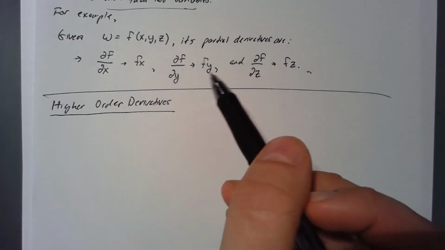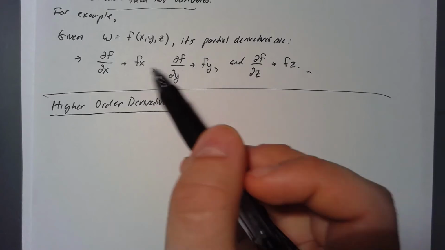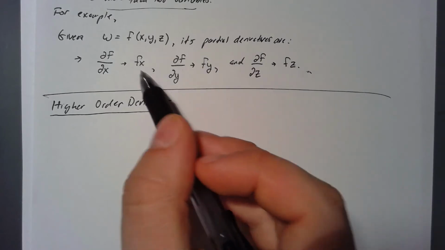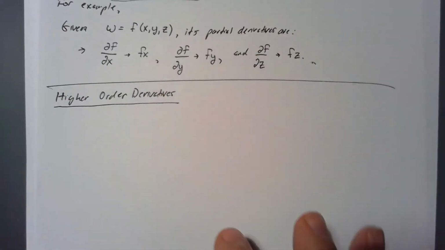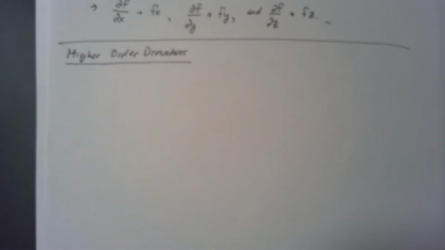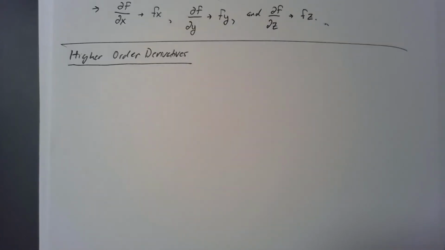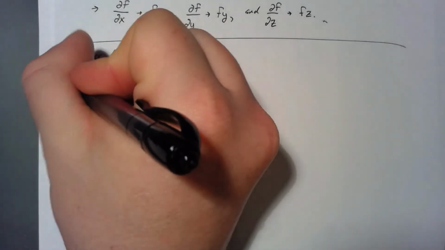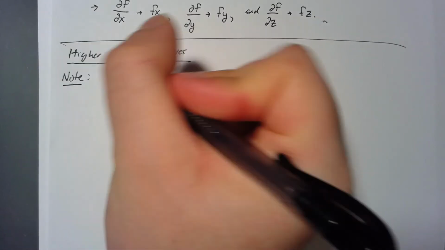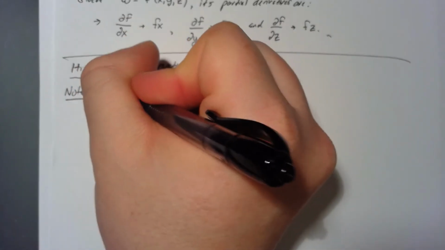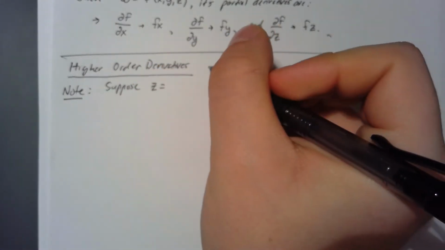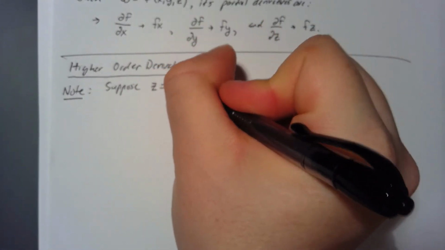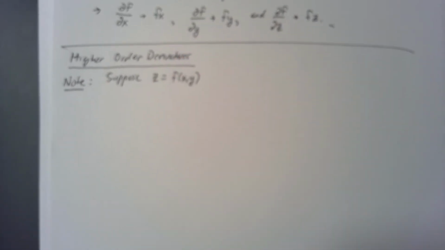So I'm going to have different permutations of partial derivatives for each one of these partial derivatives. I know that seems really convoluted, but hopefully it'll make more sense as I keep going. So I'll just keep it simple right now and just look at the two variable case.